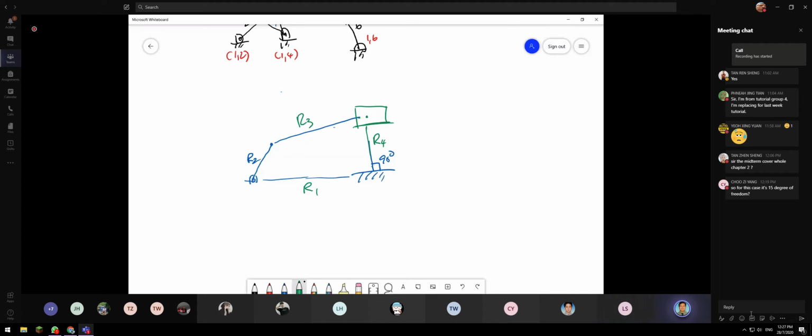So if I draw this, if you follow my arrow, R1, so I can write the equation R2 plus R3 minus R1 minus R4.